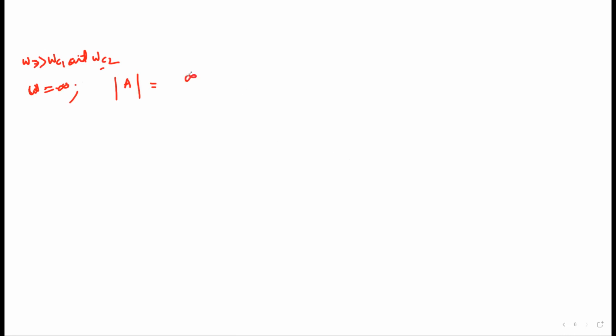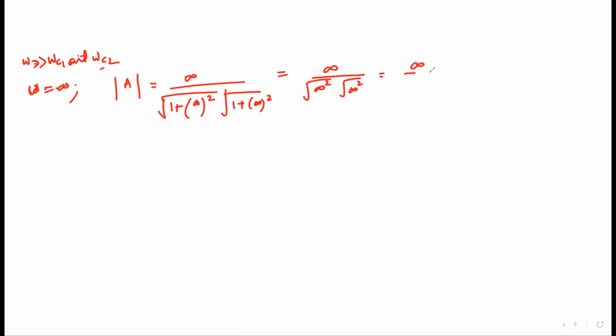In the numerator, we have infinity, and in the denominator, we have the square root of 1 plus infinity squared, and this is also 1 plus infinity squared. So this is infinity over infinity squared, which is 1 over infinity, and that finally goes to 0.